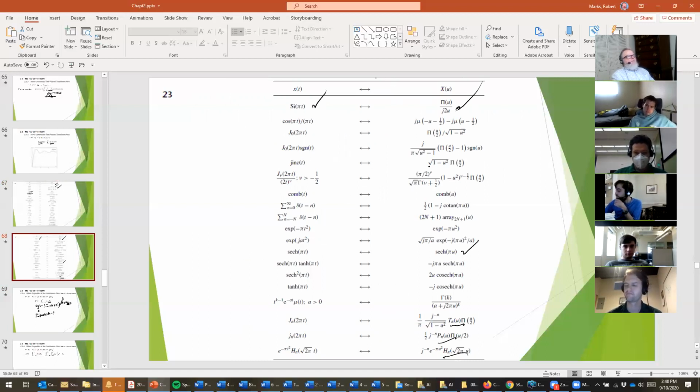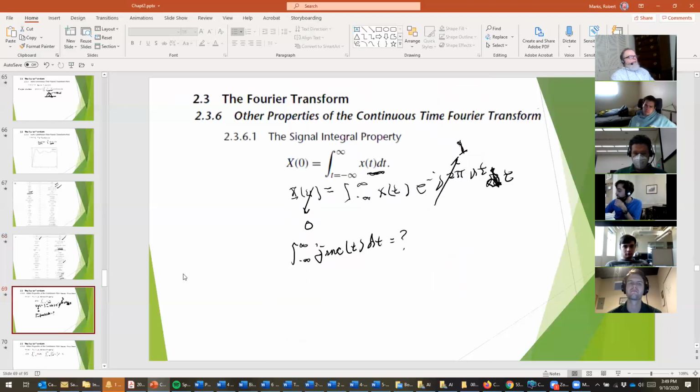The jinc function was the half circle. So therefore we could go back to here and say this is equal to that Fourier transform, and then we evaluate at u equal to 0. So we immediately conclude that we can integrate this Bessel function sort of thing by looking at this at the origin, and it turns out to be 1. So that's the integral of the jinc function.